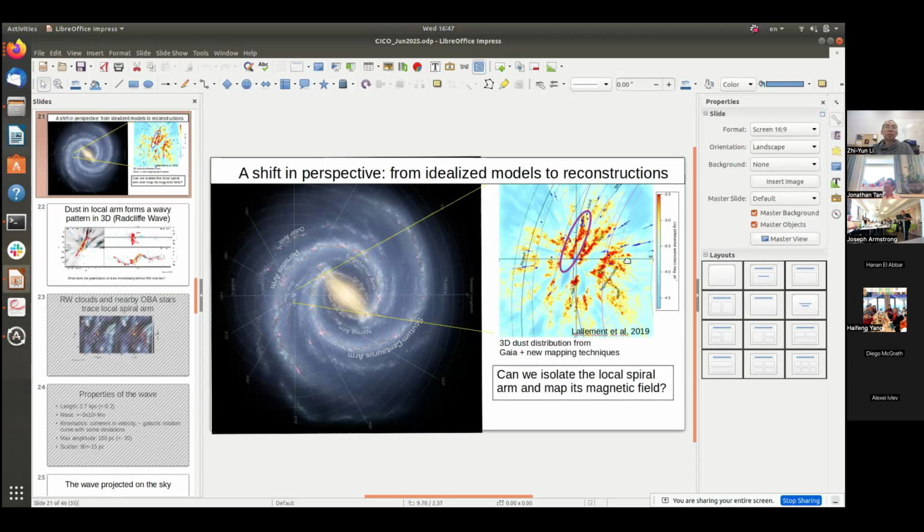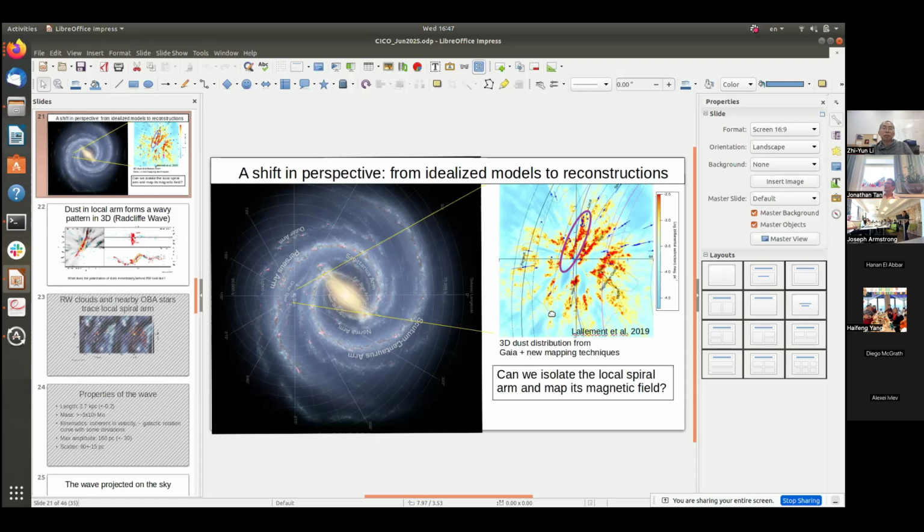And if you make a cut through here, you also see some sort of wavy pattern. So at least in one of the papers, it was claimed that it might be a more common process than just one portion of a spiral arm. But I haven't seen a follow-up on that.